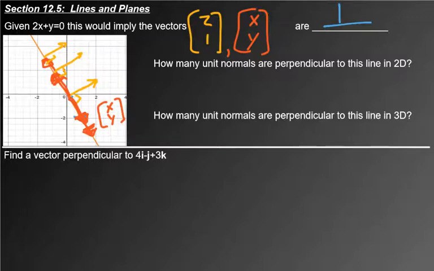So an interesting question that I want you to think about is question 1 right here. How many unit normals are going to be perpendicular to this line in 2 dimensions? If you think about that for a second, I just drew this vector, assuming it's the same length every time. That vector only counts 1 time, right? That is definitely perpendicular, so that's 1.